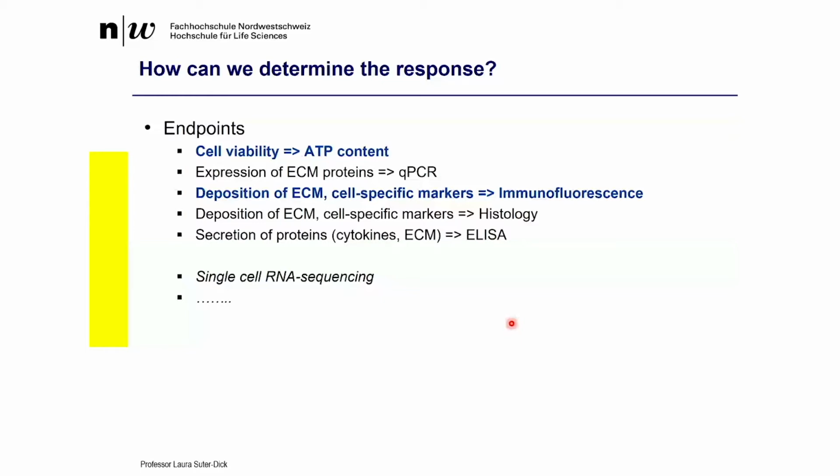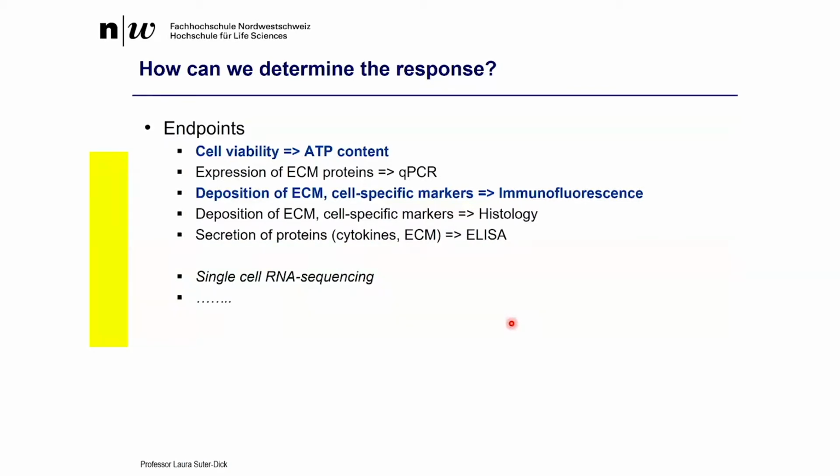So there are many endpoints that one can imagine, but some of them which will be discussed, or at least we use regularly, are, for example, the cell viability. We need to know whether our microtissues are suffering, the cells are dying, and for that we measure ATP content.